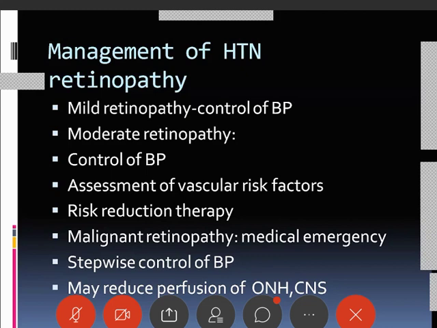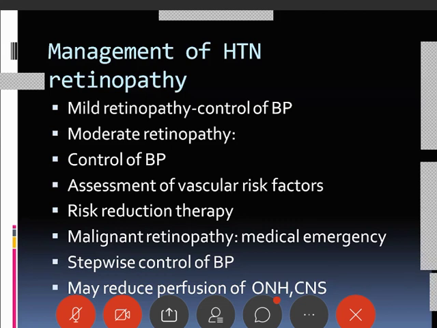If it is a mild retinopathy, we need to control the blood pressure. If it is a moderate retinopathy, apart from controlling the blood pressure, we need to assess the vascular risk factors like hypercholesterolemia, and if there is associated hypercholesterolemia, we need to treat it. In malignant retinopathy, that is malignant hypertension with papilledema, it's a medical emergency.